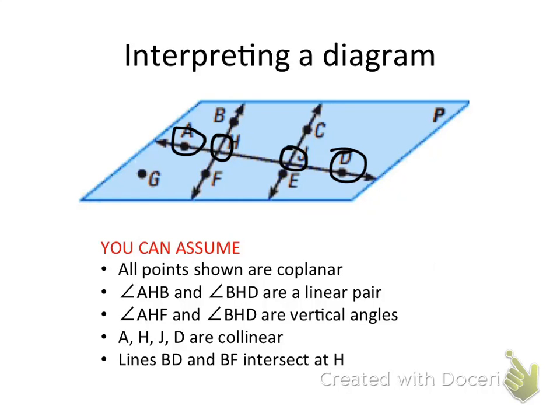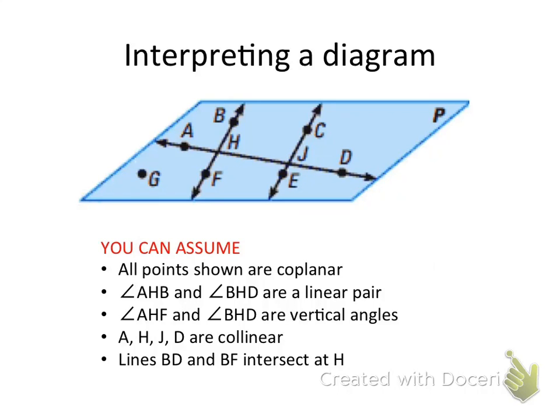And lastly, lines BD and BF intersect at point H. They have two lines, BD and BF. Actually, I'm sorry, I think that's supposed to be AD. Let me fix that for you.